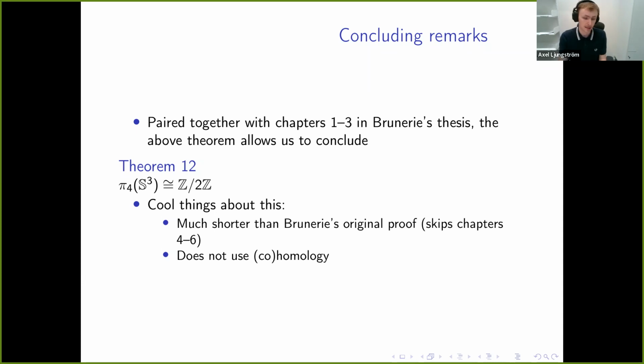The nice thing about this is, of course, that we're skipping a lot of Brunerie's original proof. We're skipping all of chapters 4 through 6, and we're also not using any cohomology or homology, which is also nice. I've been trying to dig up some old literature here.